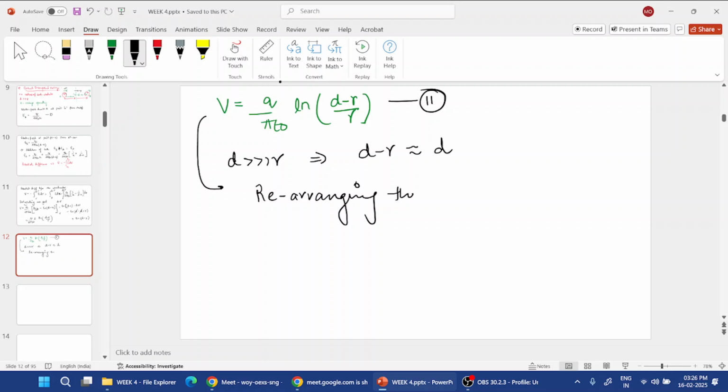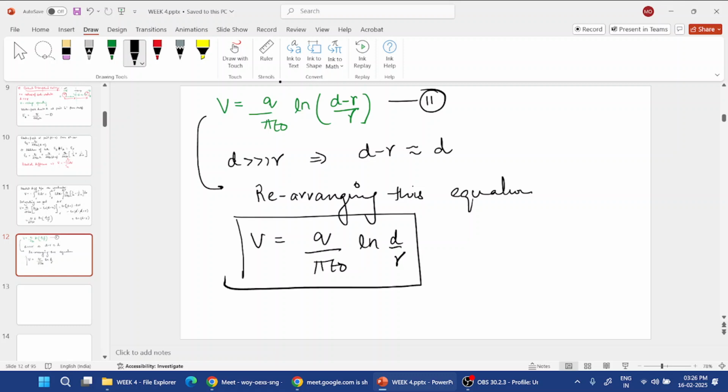Rearranging this equation, what we will get is V = Q/(πε₀) log(d/r). By adjusting this assumption, yes, d−r is generally equal to d, because the distance between the conductors is very much greater than the radius of the conductor. So this comes out to be the third equation.